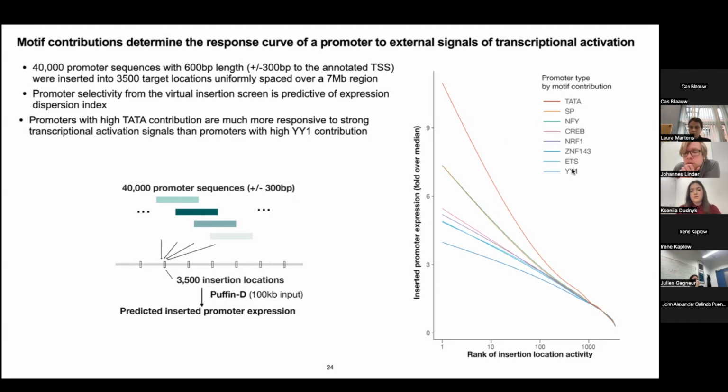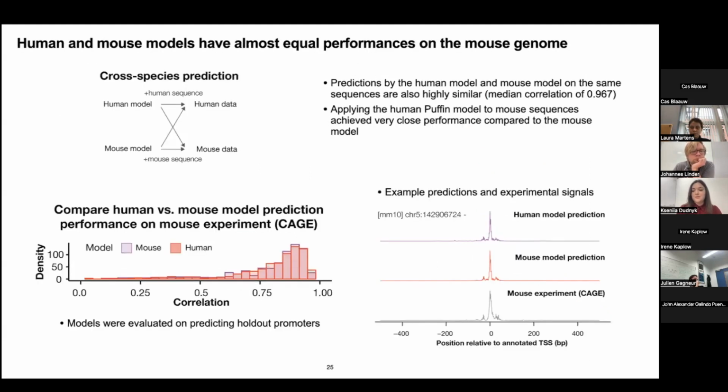The responsiveness is ordered the same way: TATA is the most selective and most responsive, and Y1 is less selective and least responsive. So this is a link we found between motif composition, promoter composition, and its function.